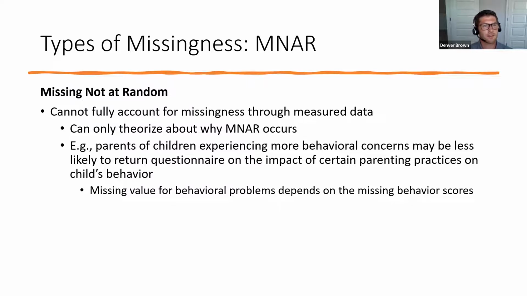But the missing values for behavioral problems really depend on the missing behavior score. So we don't know that about them. We can theorize that that's the reason, but if we haven't measured that variable, then we can't really say and include this in our modeling techniques to handle missingness.